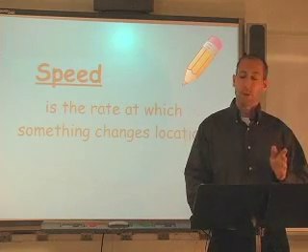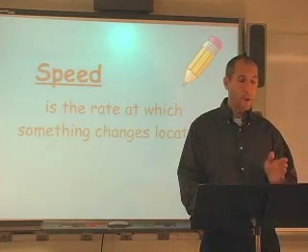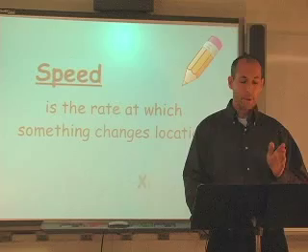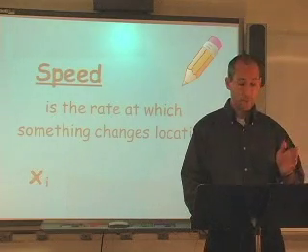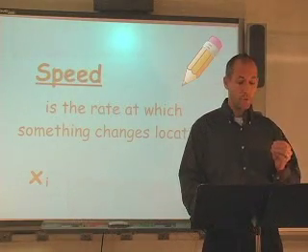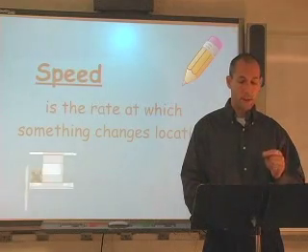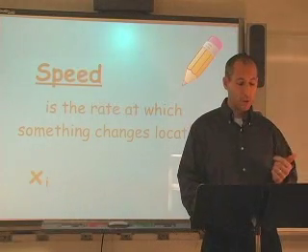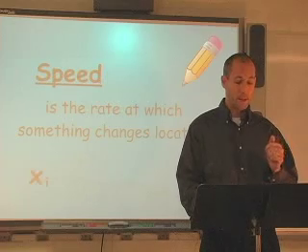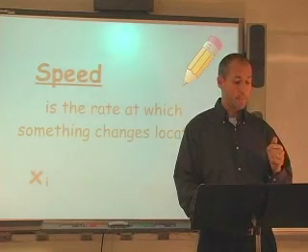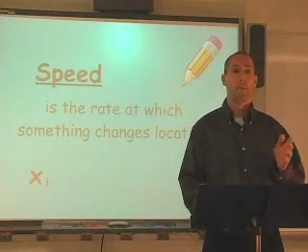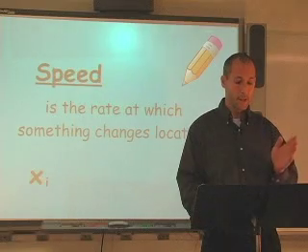If an object moves a given distance in a short time interval, we say that its speed is rapid or fast. If the object moves the same distance in a longer time interval, we say that its speed is slow. Speed is the distance per unit time. Think of 100 kilometers per hour, distance and time.